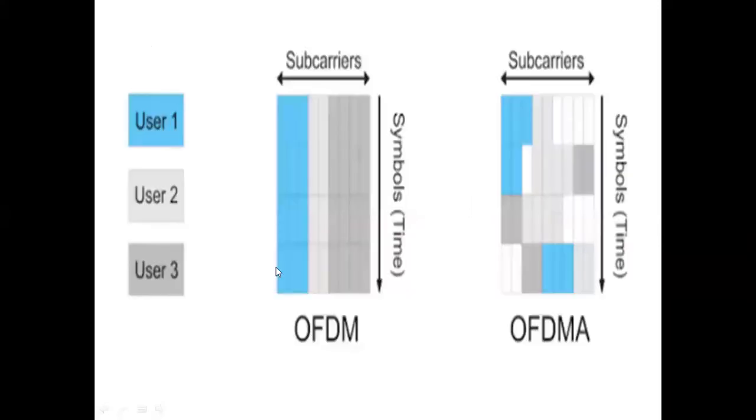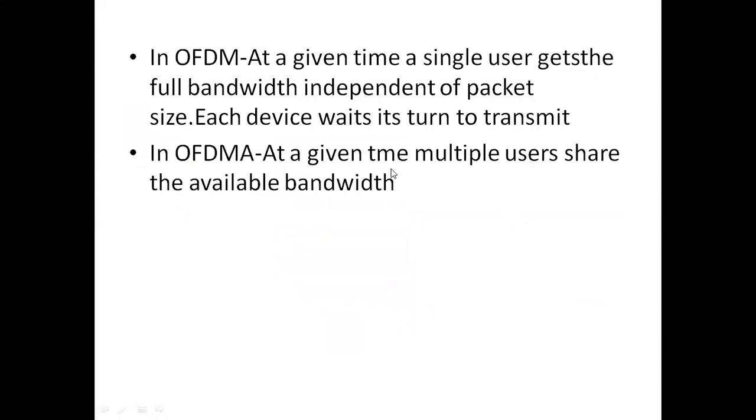That is, user 1 should wait until he gets a chance. And in case of OFDMA, at a given time, multiple users share the available bandwidth. That is, at a given time, multiple users can transmit their information. Okay, so that is the difference between FDM, OFDM, and OFDMA. Okay, thank you.